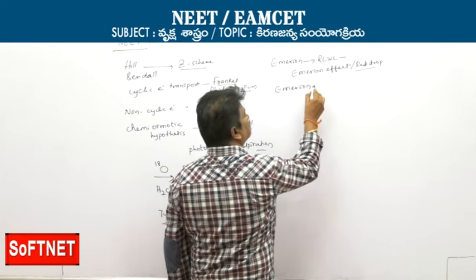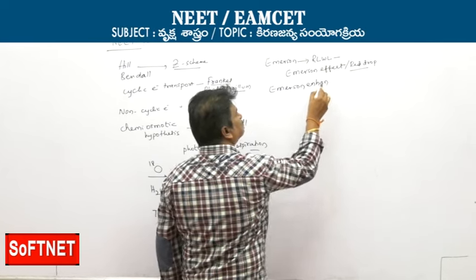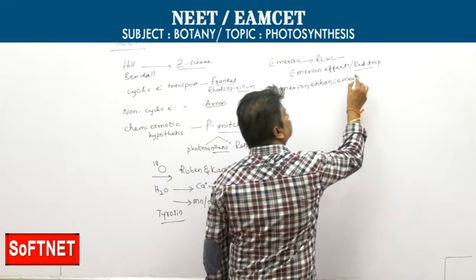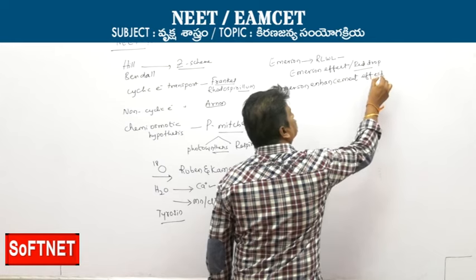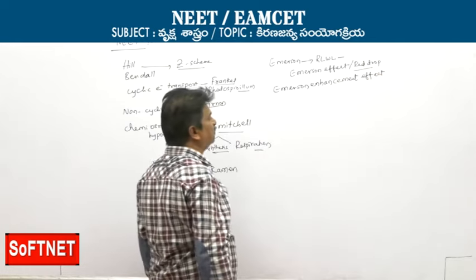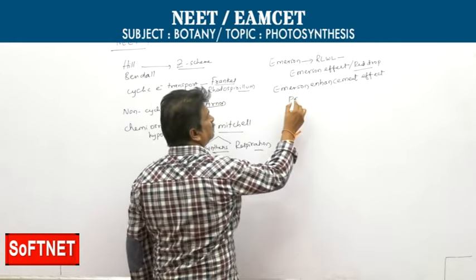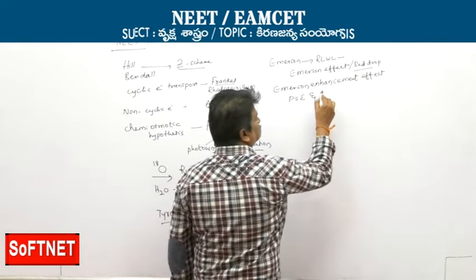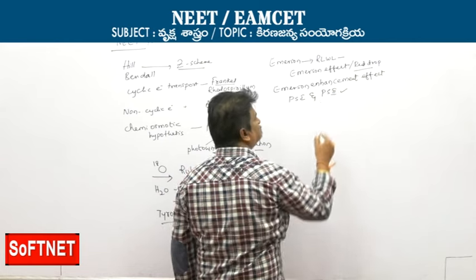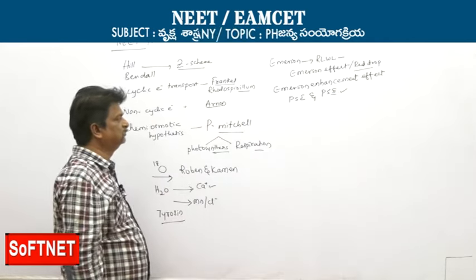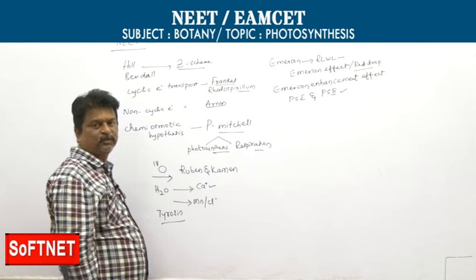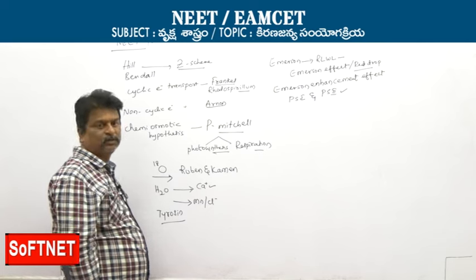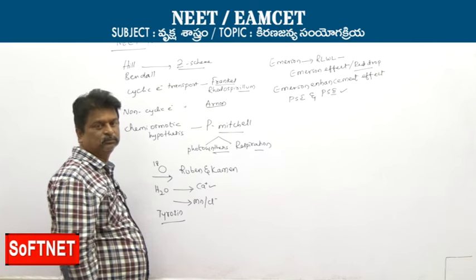Then photosynthetic rate is increased. That is called Emerson enhancement effect. Based on this, Emerson reported that two photosystems are involved in photosynthesis. One is photosystem 1 and second one is photosystem 2.